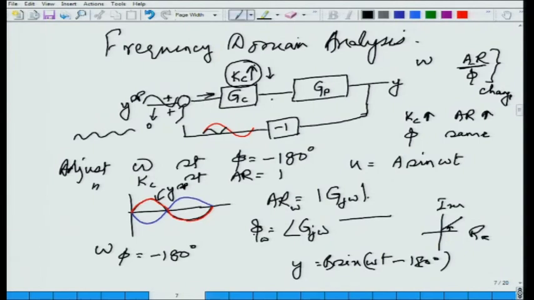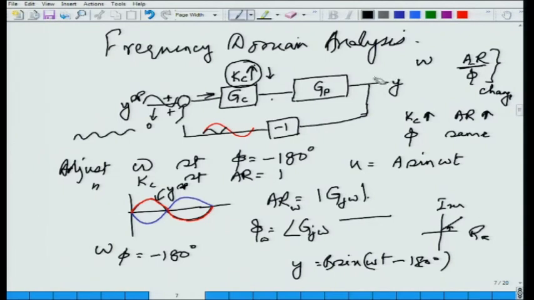But please note, since the feedback loop is not closed, G in this case is nothing but GC GP.